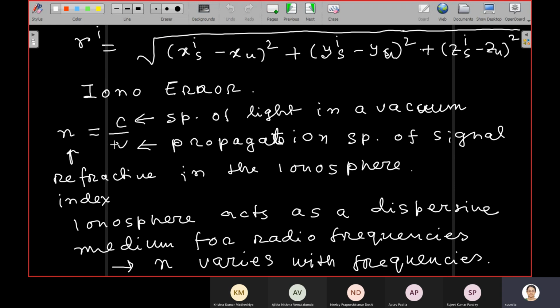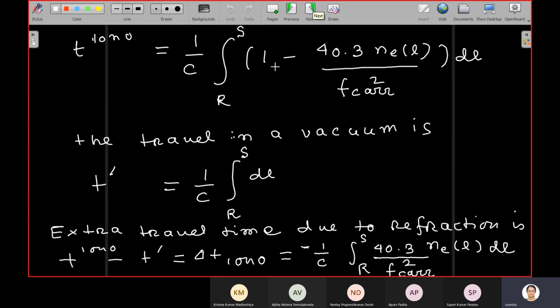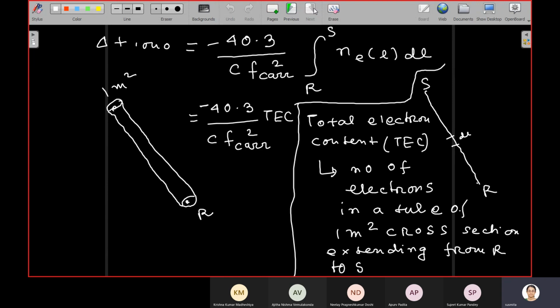So the carrier travels at a speed higher than the speed of light in a vacuum. This is why the refractive index is less than 1 for the carrier, and as a result delta T INO is negative. The carrier travels faster than light.